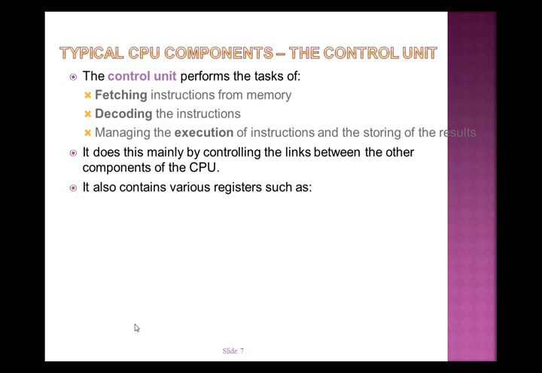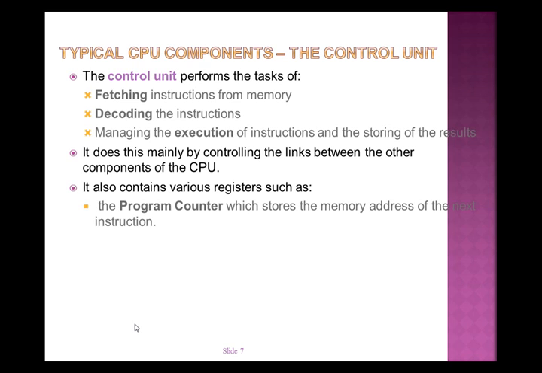It also contains various registers. There are many registers available in the control unit, such as the program counter, your PC, that stores the memory address of the next instruction. As I told you, PC always stores the address of the next instruction. If I'm using 5 instructions, and the third instruction is executing, the PC contains the address of the next instruction, that is your 4th instruction.